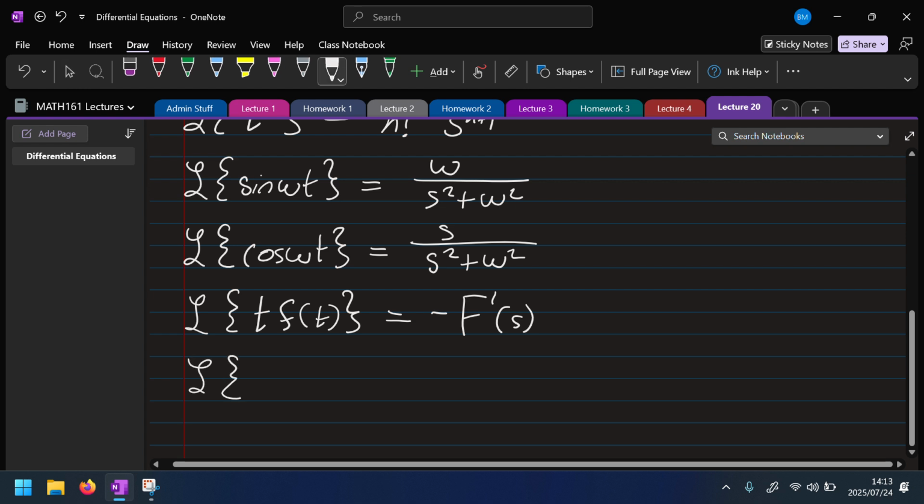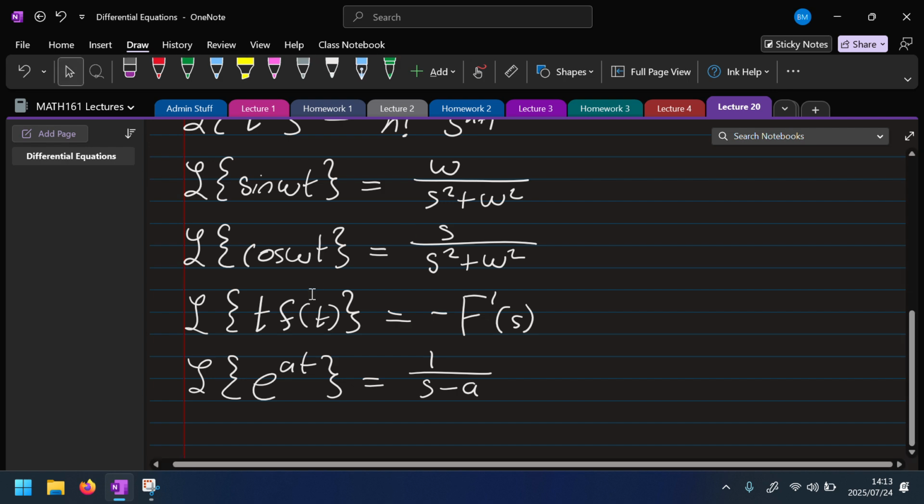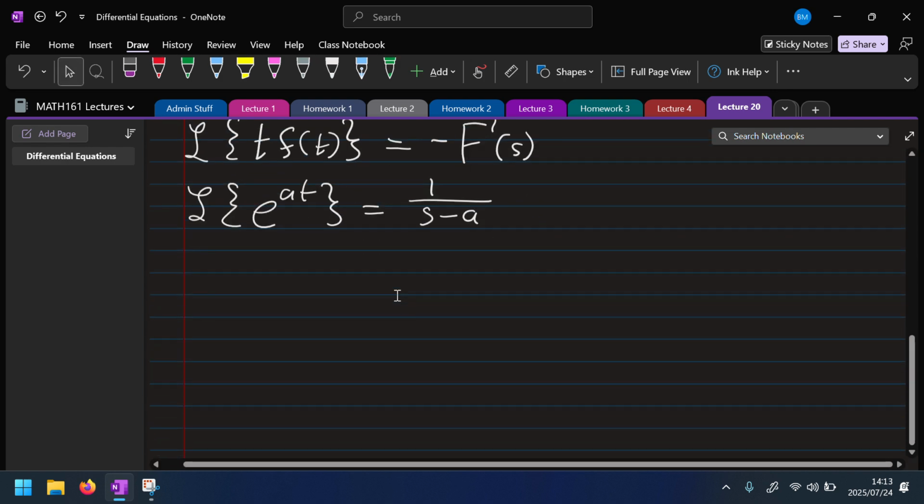Okay, and lastly, the Laplace transform of e to the at. This is 1 over s minus a. So just take note of these. We'll need this for when we do the inverse Laplace transform later on.